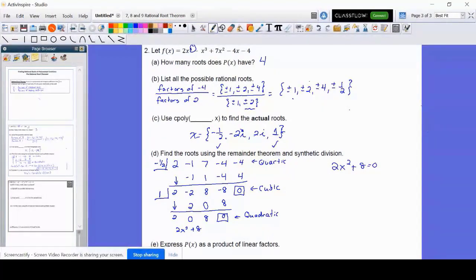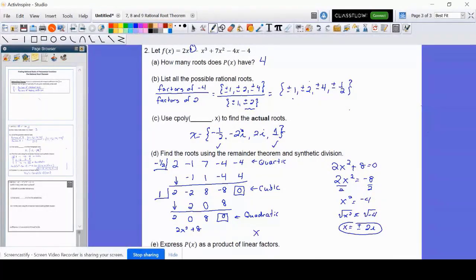You could factor it, or use the quadratic formula, or on this one, you can just subtract the 8, divide by 2, and x squared is negative 4. Now, if you take the square root of both sides, what's the square root of negative 4? Well, it's 2i, but it's also negative 2i. So there's your last two roots.